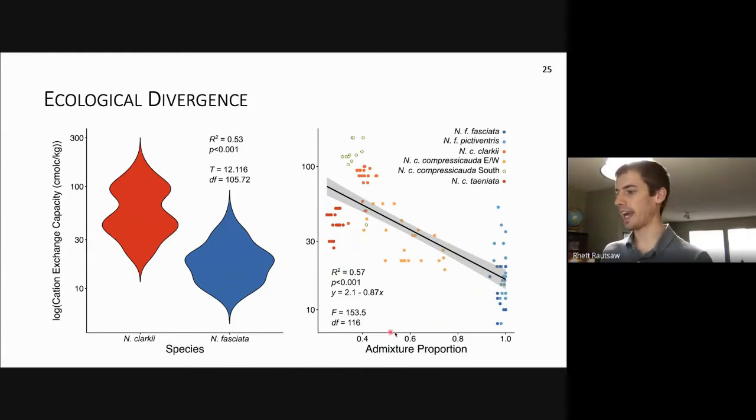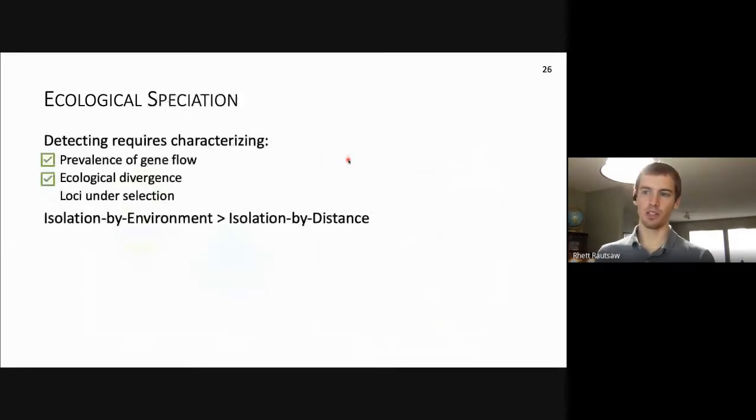And individuals that share the least ancestry with Neurodia fasciata, or are the most divergent from Neurodia fasciata, occupy the highest salinity environments. So in other words, salinity may be acting as a barrier to gene flow. So we can go ahead and check off another box. This is ecological divergence.